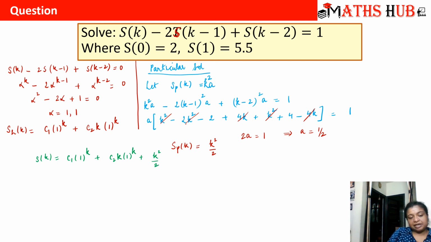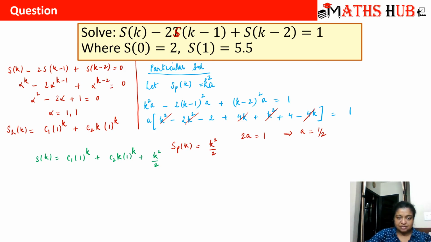Now we need to calculate the constants C1 and C2 from these initial conditions. So the first initial condition is s_0 is equal to 2. So s_0 equal to 2 means 2 is equal to C1 plus C2 times k, where k is 0. So this term becomes 0 again, k is 0. So we get C1 equal to 2. The next is s_1 is equal to 5.5.